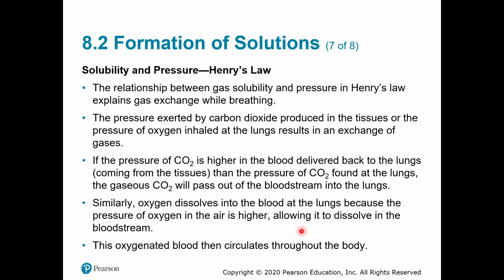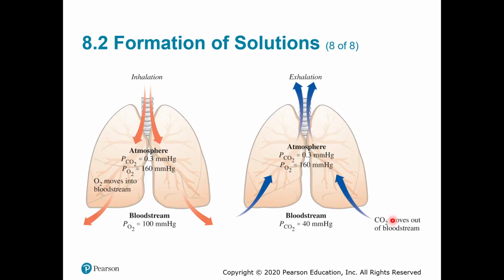And that's going to help us actually increase the amount that can then be fixed. Okay? It's going to buy us a little bit more time to be able to move that around. Going to let us go a little bit higher concentration. Not as much higher concentration as you'd probably think, but a little bit. So the oxygenated blood then is going to circle through the body, and this just sums that up.